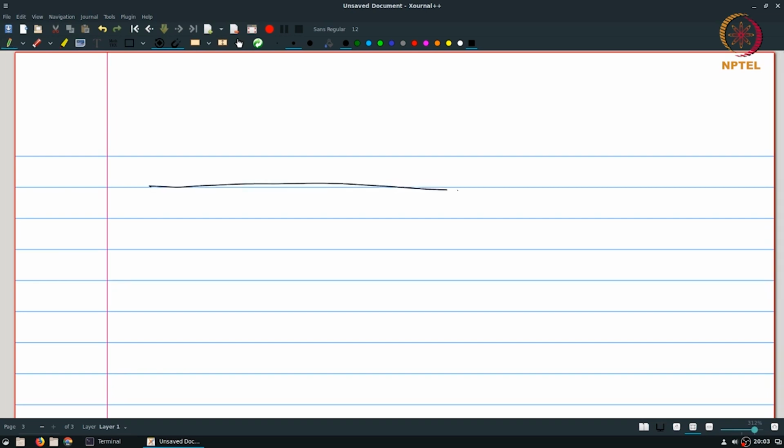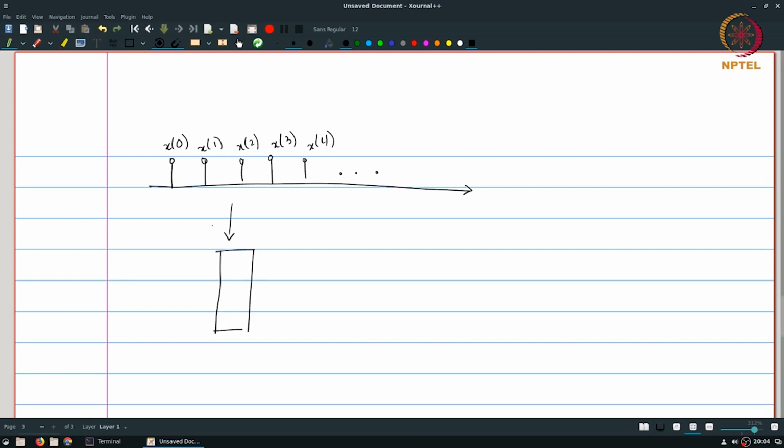If we draw out a timeline where this first value corresponds to x of 0, the second value corresponds to x of 1, and so on, then we are putting this through something which we will call a serial to parallel converter. In other words, the input going in is serial. It is one sample after another.